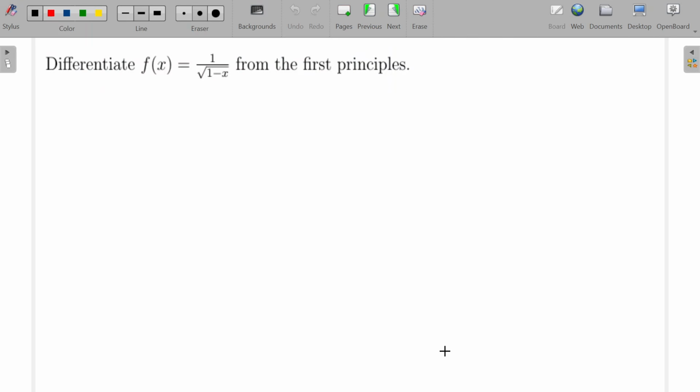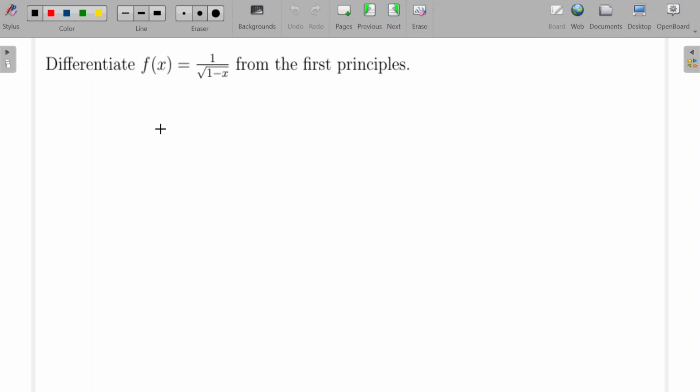For those who are doing 1100, you also have the first principle. When they tell you to differentiate using the first principle, you need to know the formula, because this is the definition of differentiation.